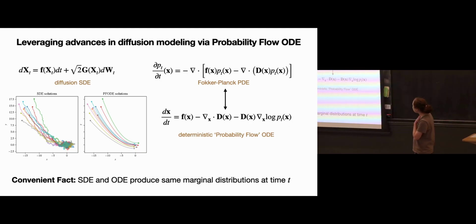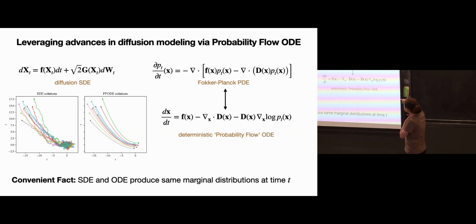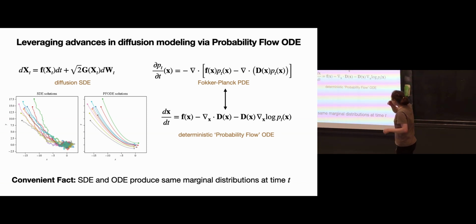What this method does is take advantage of the fact that there's an equivalent way of writing such a Fokker-Planck equation called the probability flow ODE. This is just a very simple rewriting of the equation at the top here.